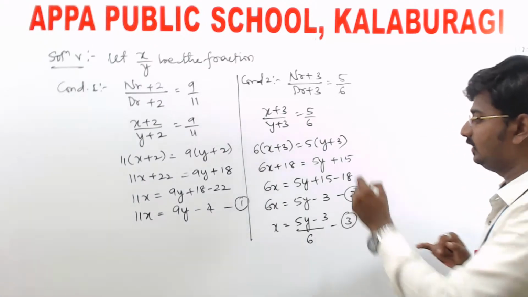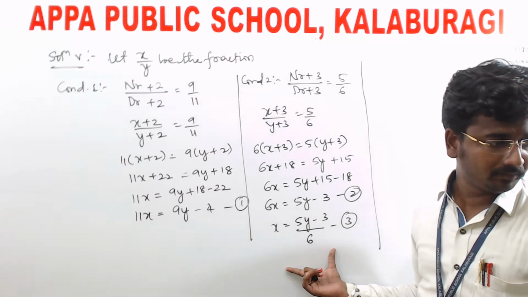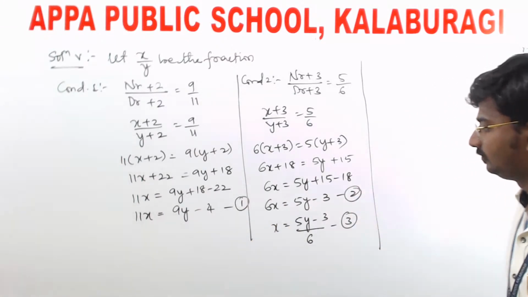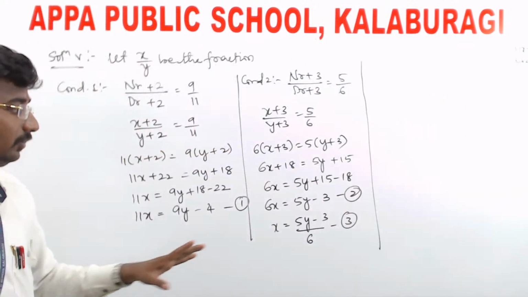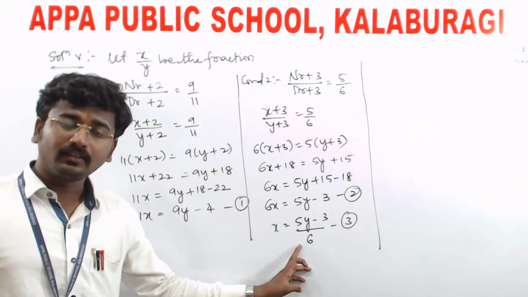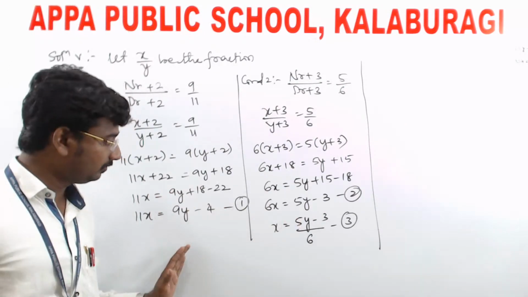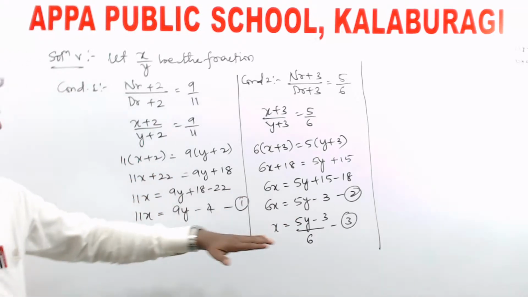Now substitute equation 3 in 1. When I substitute here, I have to be very careful, because I cannot cancel this 11 and 6, so I have to multiply the bracket term, cross multiply and all. We have to be very careful when we substitute.